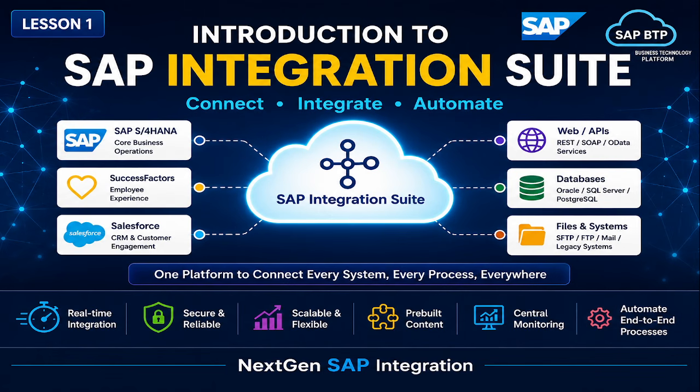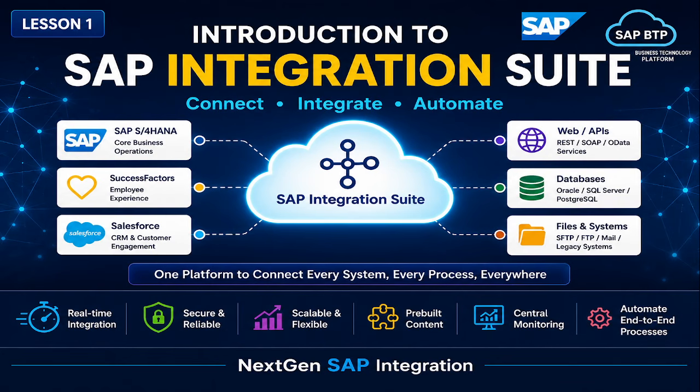That's exactly where SAP Integration Suite comes in. SAP Integration Suite is SAP's cloud-based integration platform. It securely connects SAP and non-SAP cloud and on-premise systems, transforms data between different formats, automates business processes, and enables real-time communication across the enterprise.